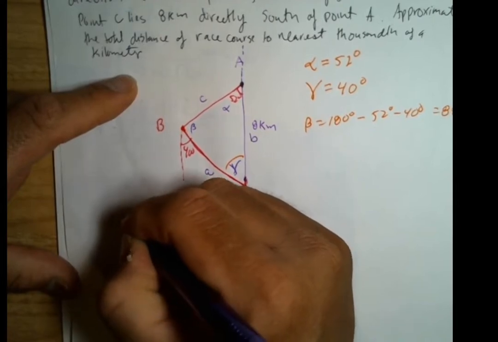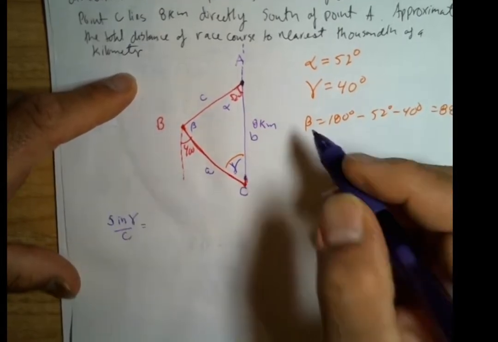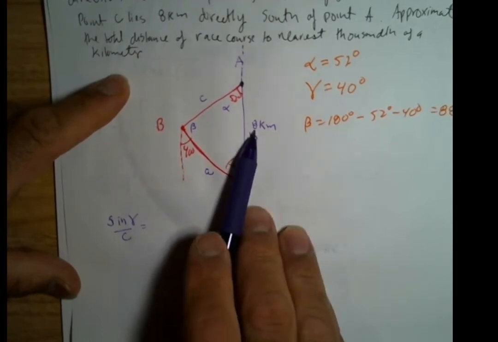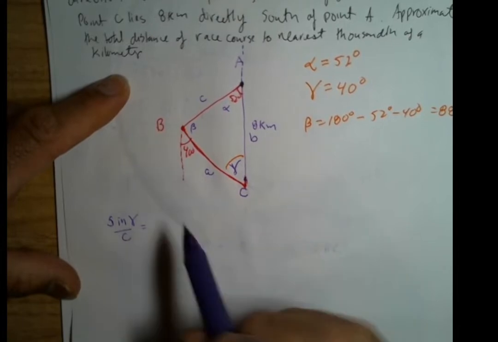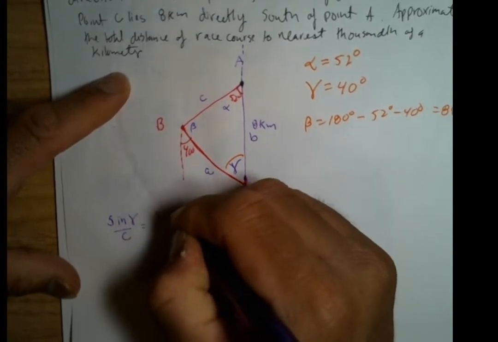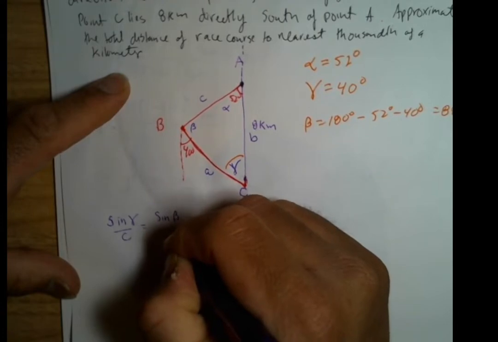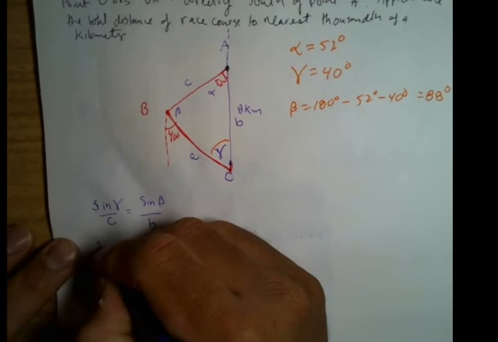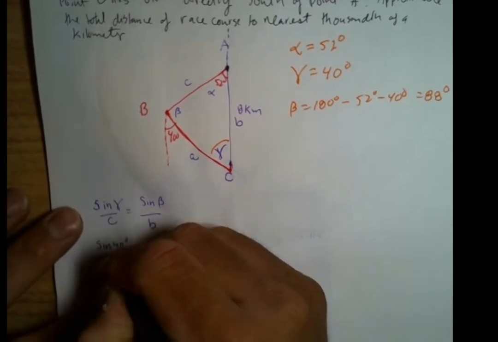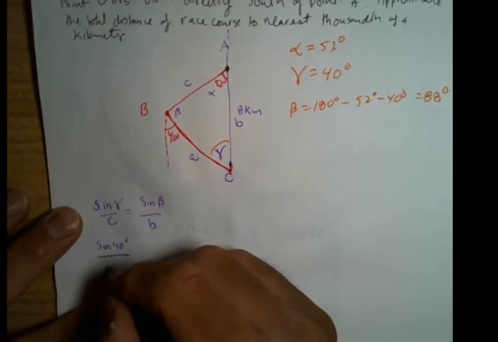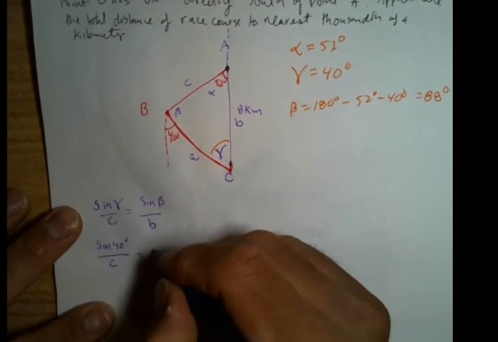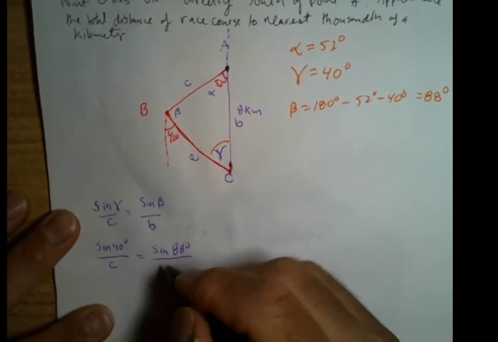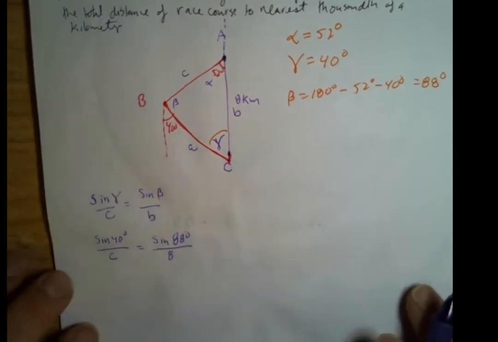Applying the law of sines, we have sine gamma over c, and I'll use the other piece of information that I do know, the known side 8 and the angle beta, so sine beta over 8. Plugging in what I know, sine of 40 degrees over c equals sine of 88 degrees over 8.